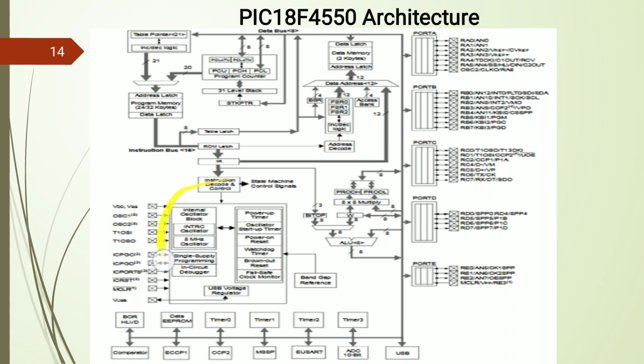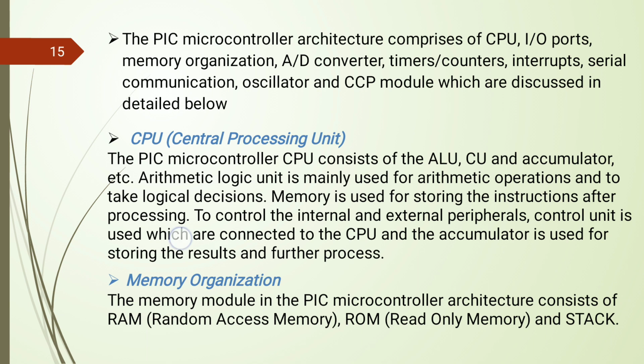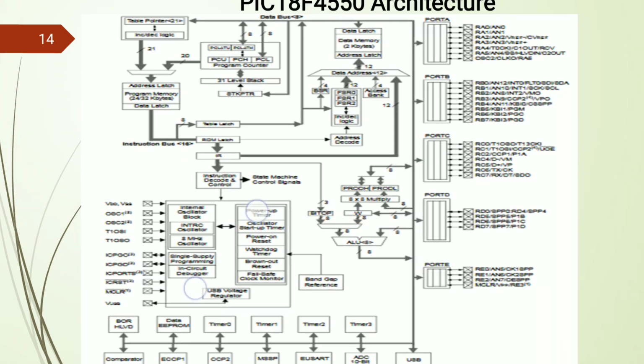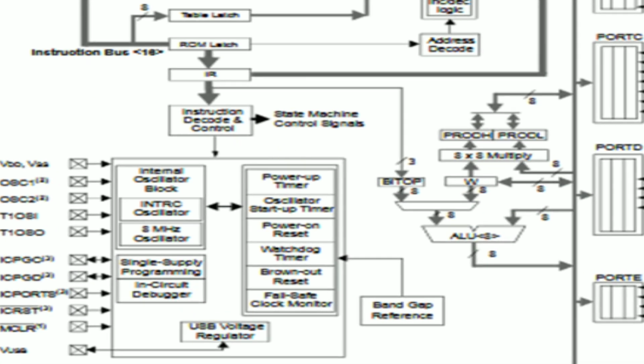After that, in this section, the various flags are there: power up timer, oscillator startup timer, power on reset, watchdog timer, brownout reset, and those related to the clock. After that, the internal RC oscillator at the left side. Pins are associated for that oscillator, VCC, and for USB purpose.